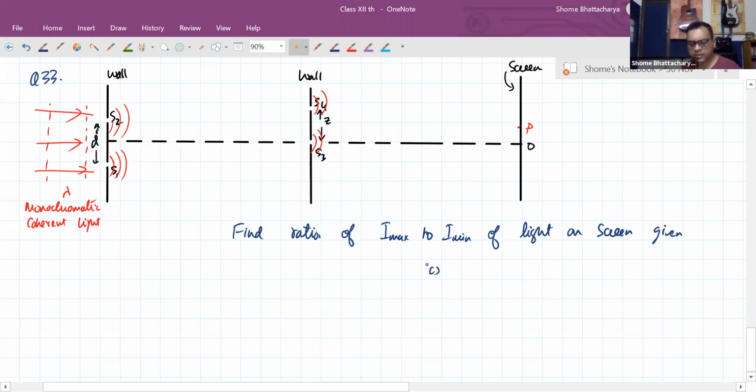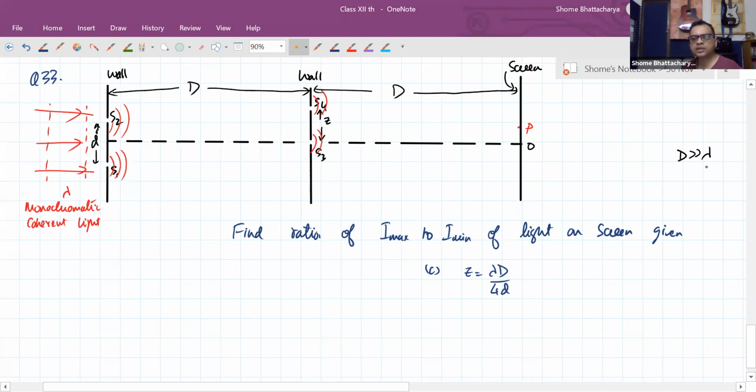So the C part is that the value of Z is equal to lambda D by 4d, 4 times small d. And of course, the most important detail here is that this distance capital D and this distance capital D are the same. And of course, capital D is very large compared to lambda. Capital D is very large compared to small d.